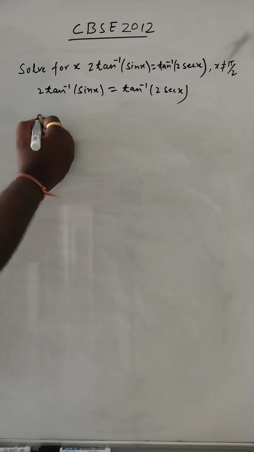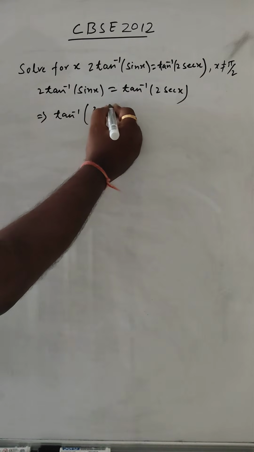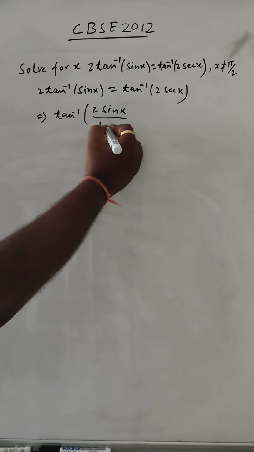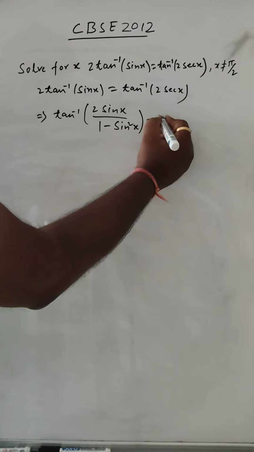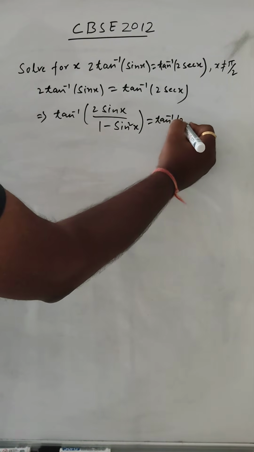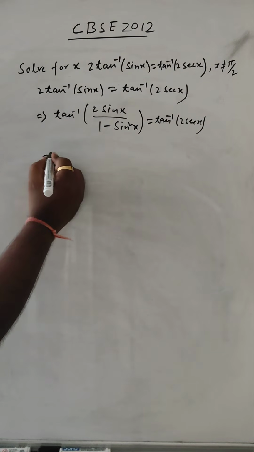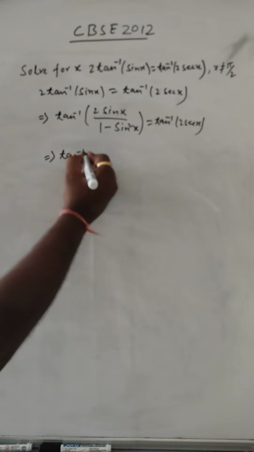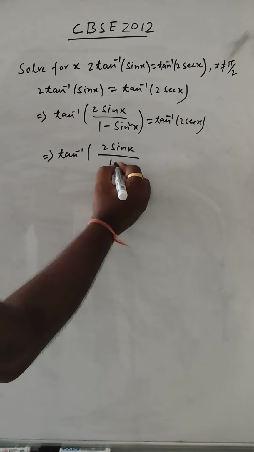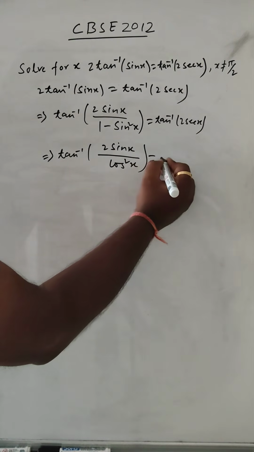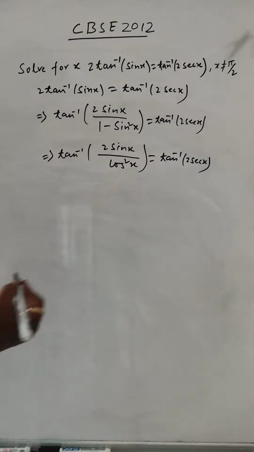Now we can put into the formula: tan inverse 2 sin x over 1 minus sin square x, correct, and tan inverse 2 sec x, right. Now in the next step, tan inverse 2 sin x over cos square x, and tan inverse 2 sec x.